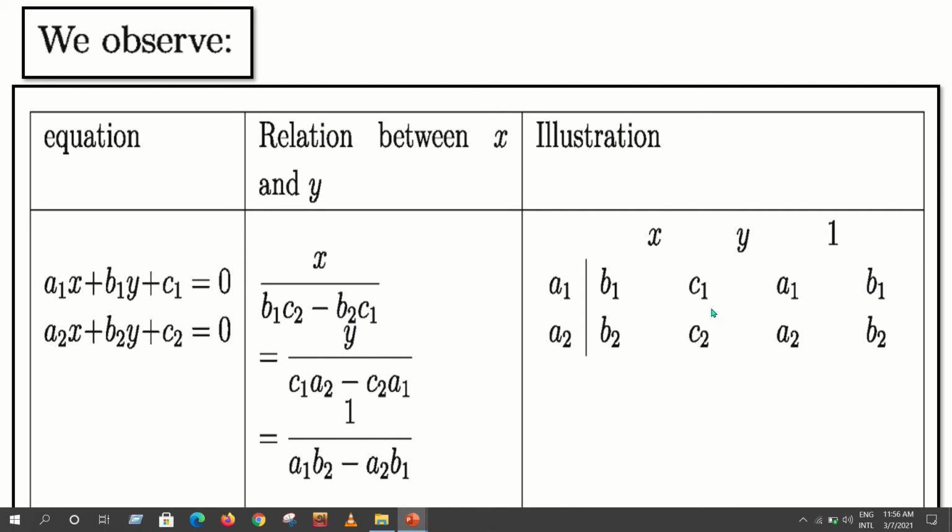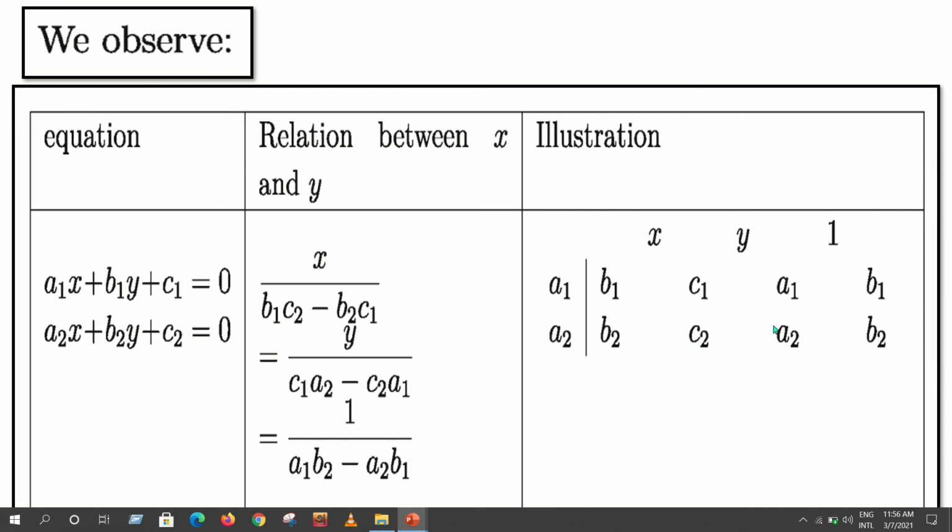But only for y you have to take from below to above at first, then above to below. For this example we can take both x and y and the constant. At first we start from here to here, here to here, and here to here, no problem.